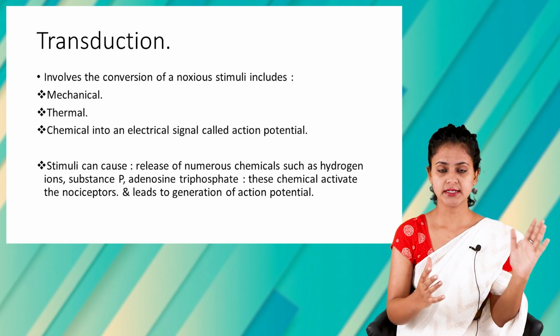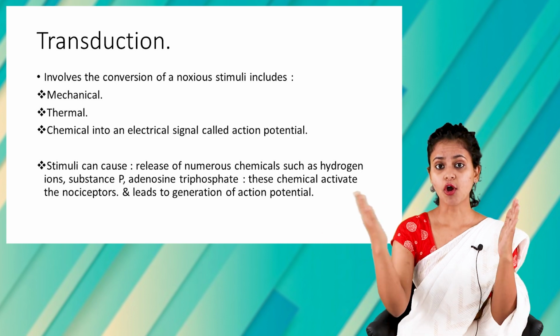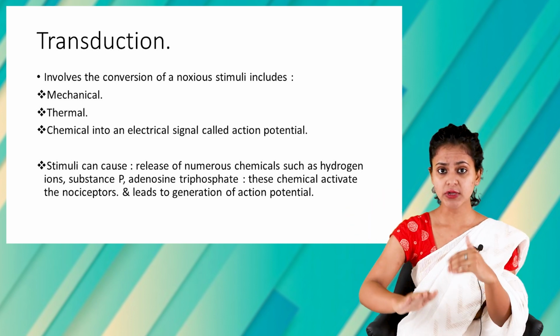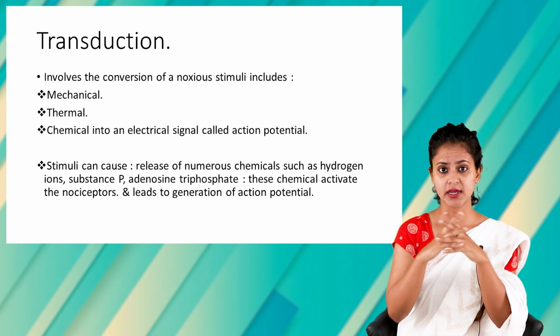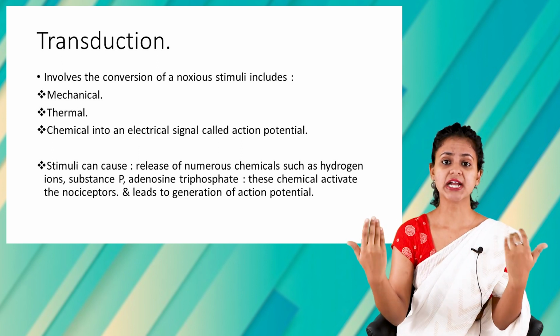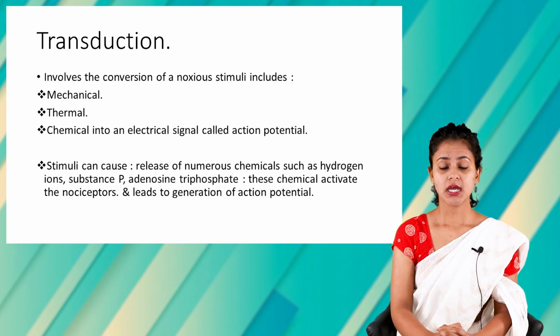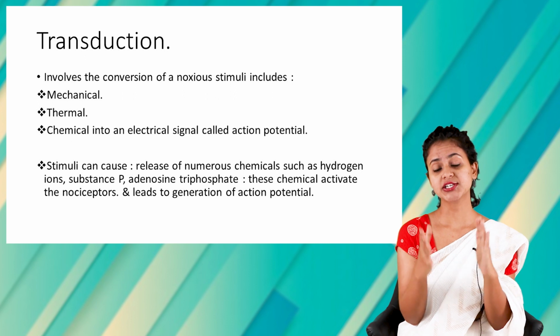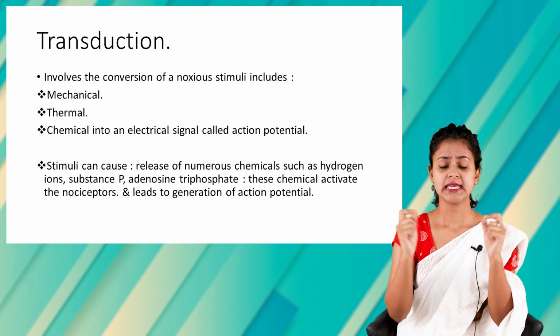So I hope you are clear now. In this stage of the pain mechanism, the noxious stimuli convert their energy into electrical signals, which help generate the action potentials in our body. Now, noxious stimuli can release numerous chemicals in the body.